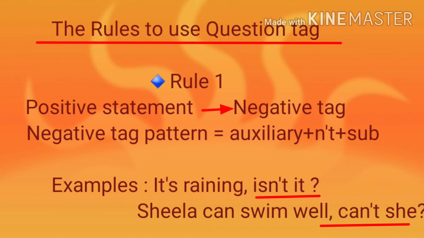Auxiliary is plus not plus subject: it, isn't it? Come to the next example. Sheila can swim well, can't she? Remember that the subject of the question tag is always a pronoun.